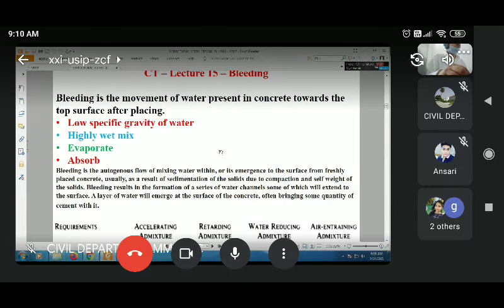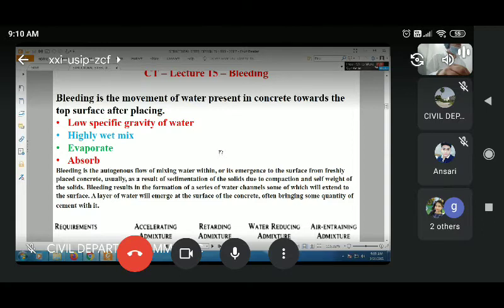So after the finishing, the water comes up to the surface, and this movement of water after the compaction over the surface is because of the low specific gravity of water, then the other materials settle and that water accumulates over the surface of your concrete.